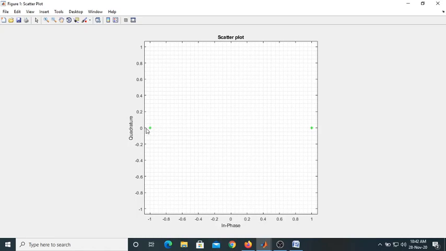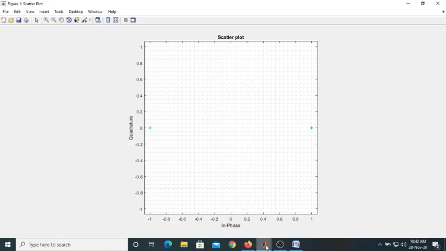So in BPSK we have two signal vectors or message points. Generally we write root Eb and minus root Eb, correct? But these are normalized. It is at 1 and this is at minus 1. So this is the constellation of the BPSK before transmission, two message points.